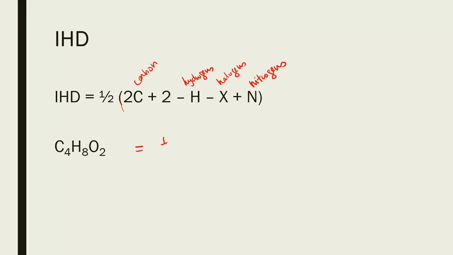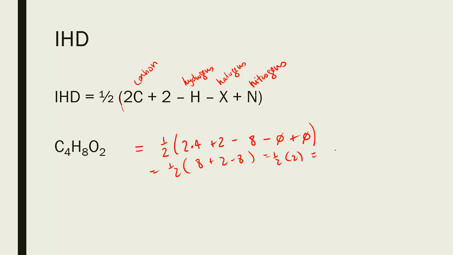Index of hydrogen deficiency is going to be 1/2 of 2 times the carbons, which are 4, plus 2, minus the number of hydrogens, which is 8, minus the number of halogens, there are none, plus the number of nitrogens, there are none. So then 1/2 of 8 plus 2 minus 8 is 1/2 of 2. The index of hydrogen deficiency for this molecule is 1.